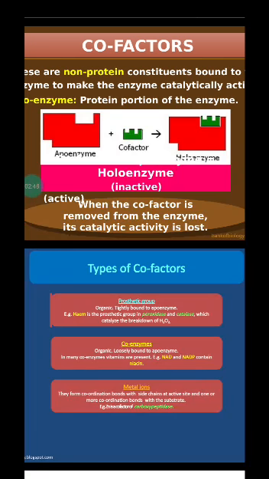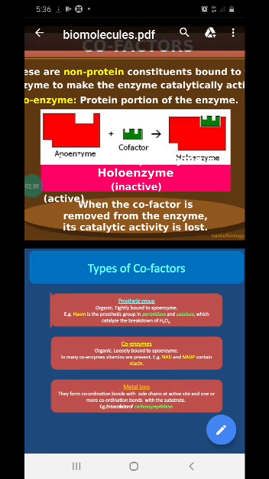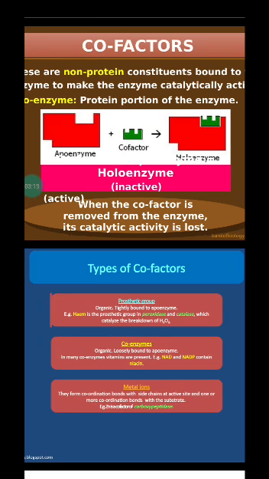Clear? And coenzymes. The second thing is coenzyme. I told you the coenzymes are not very tightly bound, they're just loosely bound to the apoenzyme. Clear? Okay. For example, in many coenzymes, vitamins are the main component. The main component of coenzyme is vitamins, especially the vitamin B niacin.